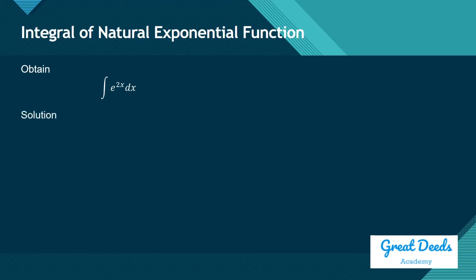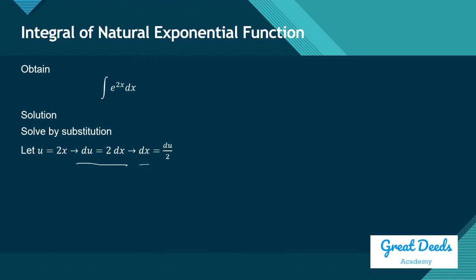So this is my solution. I will use substitution and later use what we know about the integral of exponential functions. So let u be equal to 2 times x. du is equal to 2 times dx. And from here, you can write dx as du over 2.